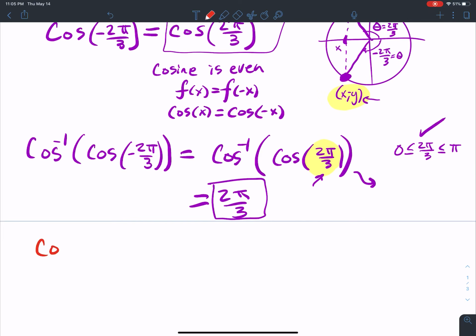Now last one, cosine of cosine inverse of pi. Now for cosine inverse, the biggest number I can plug in is 1. The smallest I can plug in is -1. Pi is greater than -1, but it's not less than or equal to 1. Okay?